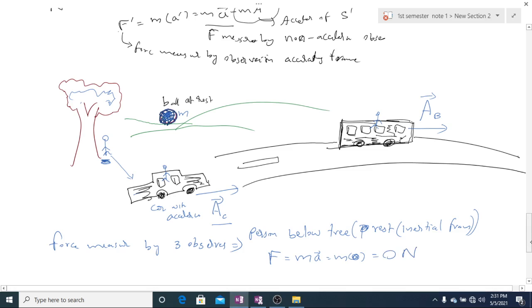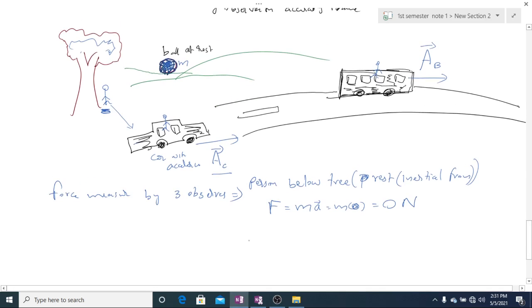Now what is the case if the person in the car measures the force on the ball? Actually the ball is at rest with respect to the ground. Therefore an observer who is at rest with respect to the ground will measure 0 force. Now what is the force measured by an accelerating person inside the car?